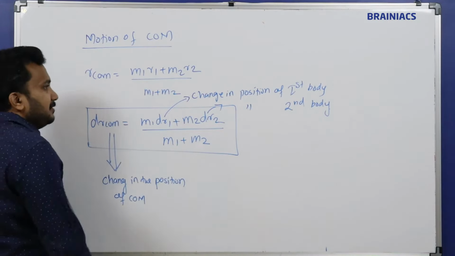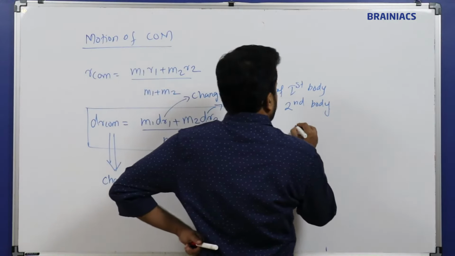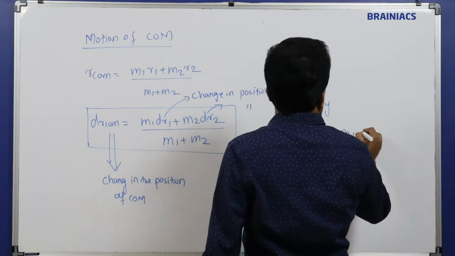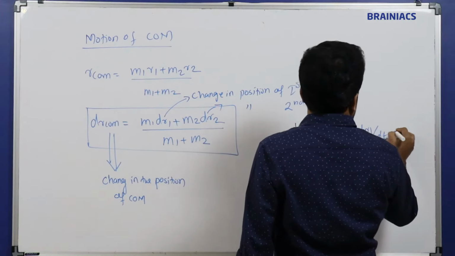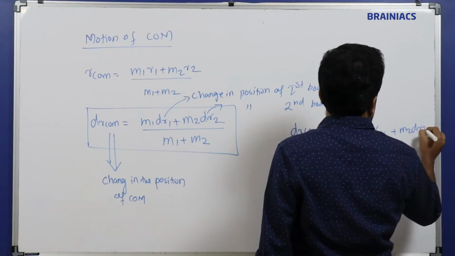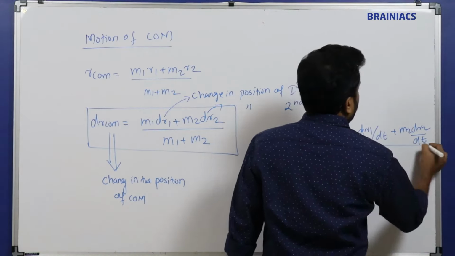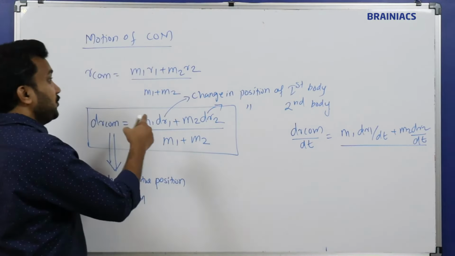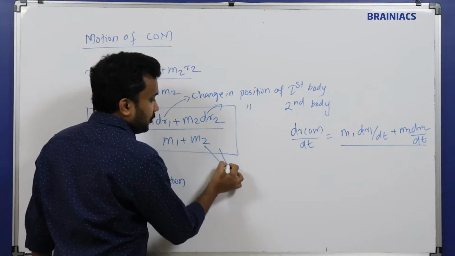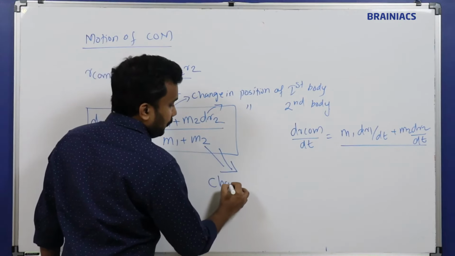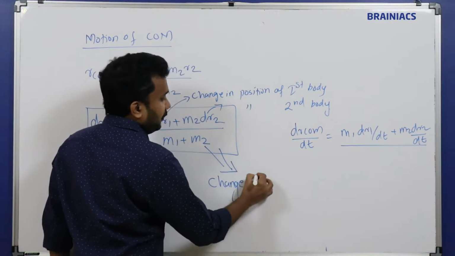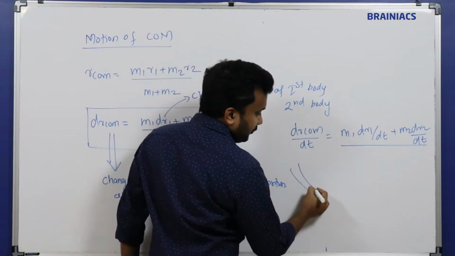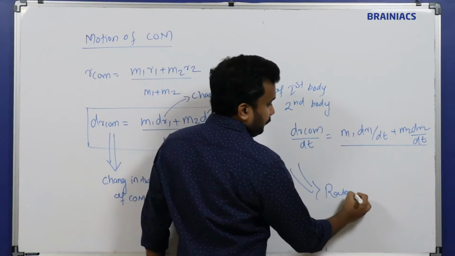Now, if I divide by time, what will I get? For example, drCOM divided by dt is equal to m1 into dr1 by dt plus m2 into dr2 by dt, divided by m1 plus m2. I am taking the rate of change of position. So the earlier equation is all about change of position, and this equation is all about rate of change of position.